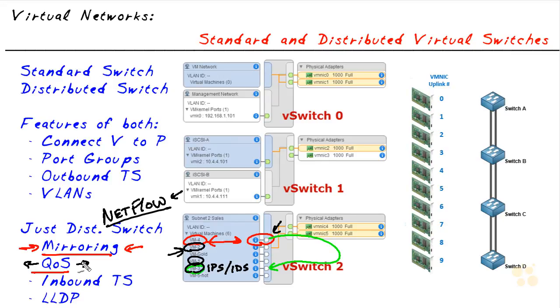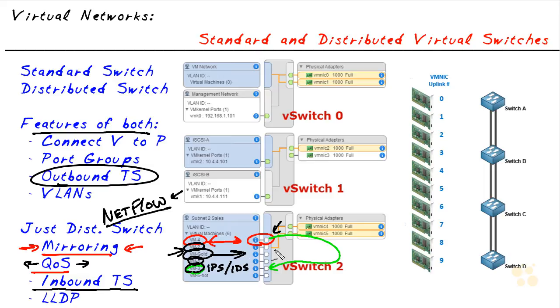Another feature of the distributed switch is something called inbound traffic shaping. Now you might be thinking, well, Keith, wait a sec. Up here of the features of both, we have outbound traffic shaping. But remember, outbound traffic shaping is about taking traffic that is trying to leave a virtual machine as it goes into the virtual switch, and slowing it down, impeding the progress of that traffic.